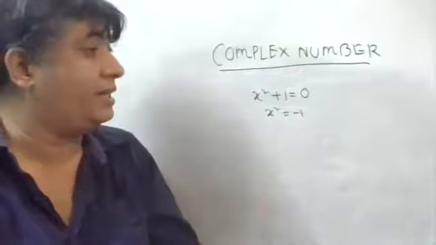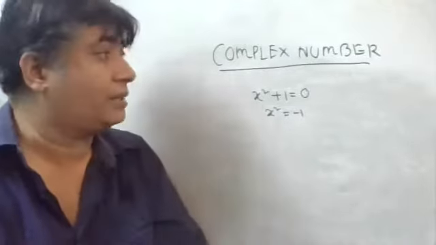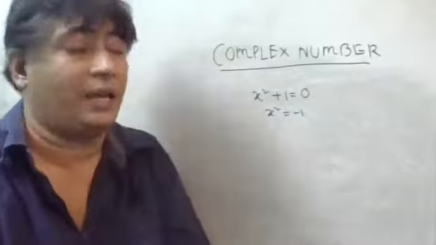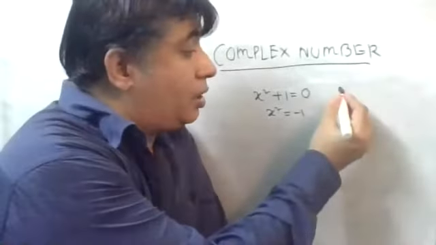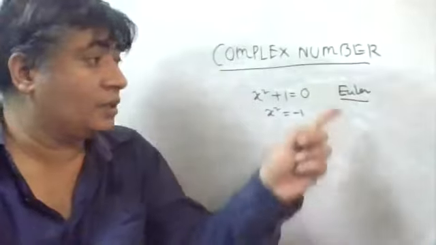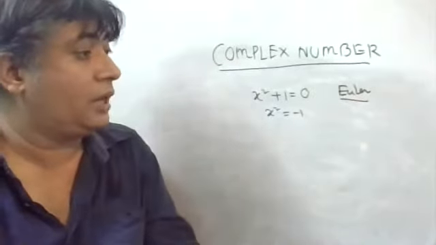Then, to explain it, we have to take the concept of complex number, which was introduced by the great mathematician Euler. What does he explain?